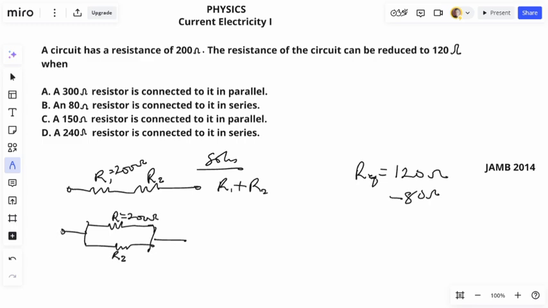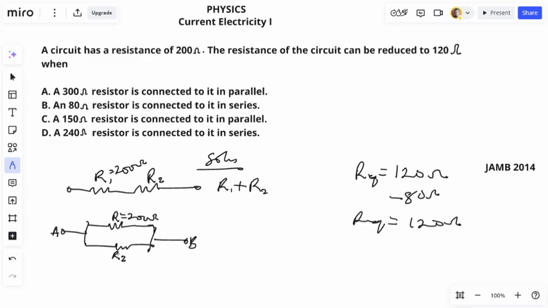But if we measure the equivalent resistance between this point A and B, we want the equivalent resistance R equivalent to be 120 ohms. Now you know that in parallel connection, the equivalent resistance will always be less than the smallest value of the resistor in the network.